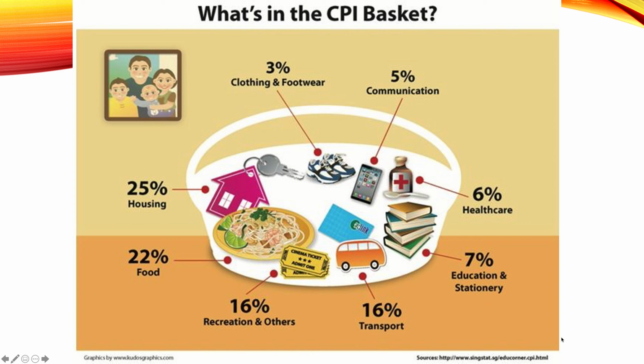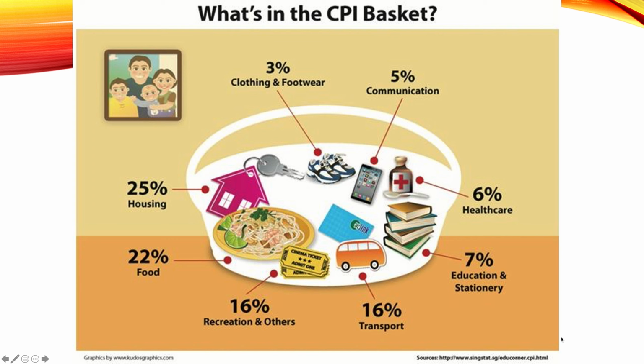People spend a lot of money on food. What's happening to the prices of food? Recreation and others, transportation, education costs, that includes college, healthcare costs, communication, clothing and footwear. So those are the 8 different big categories. There are all kinds of little subcategories within those, but those are the 8 big categories of the CPI market basket. And again, there are different weights to these things.